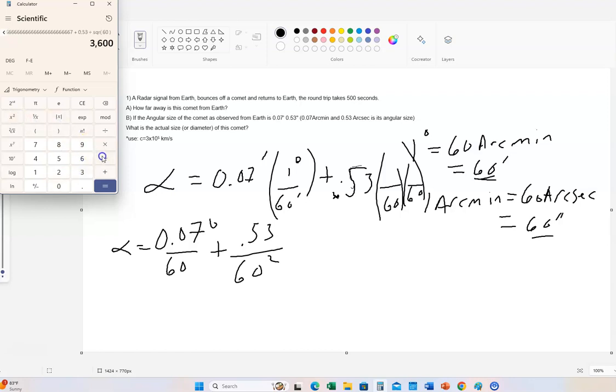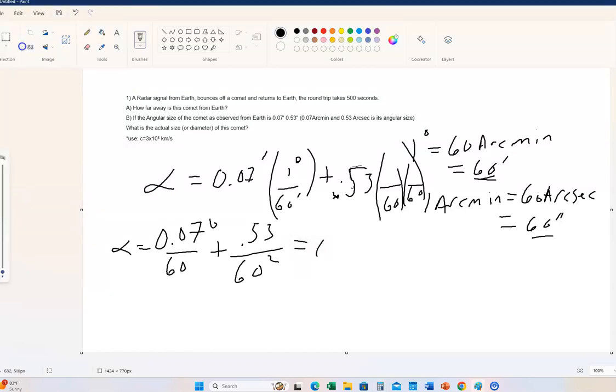Hopefully you know where the squared button is on your calculator. It's not that much different than it was before. So alpha is now 0.0013. I'm just going to write that down. That's what alpha is in degrees: 0.0013, and that's now in degrees.